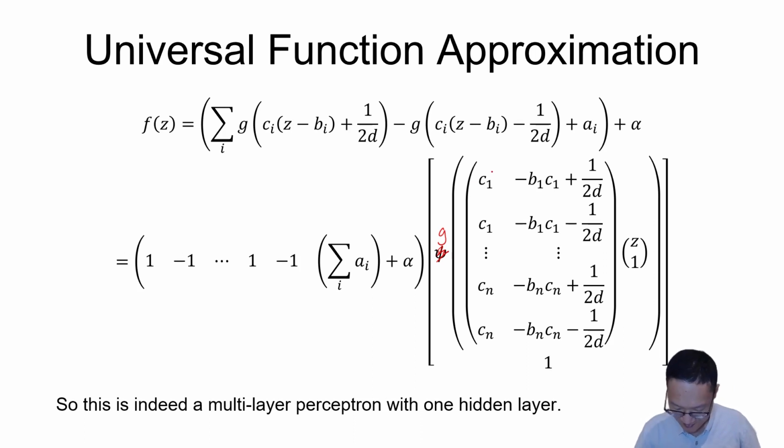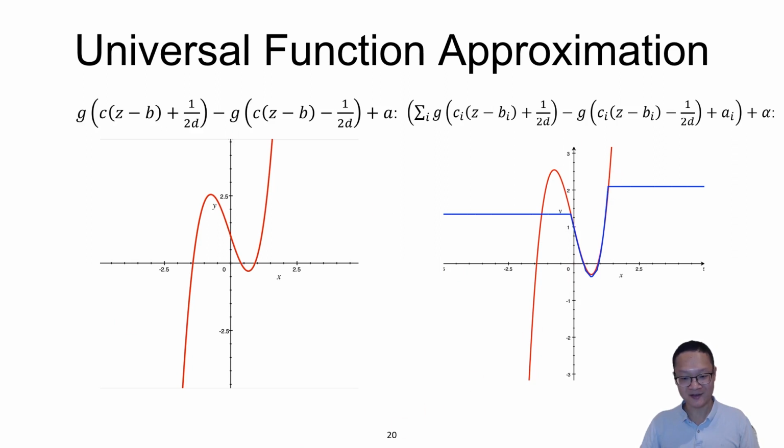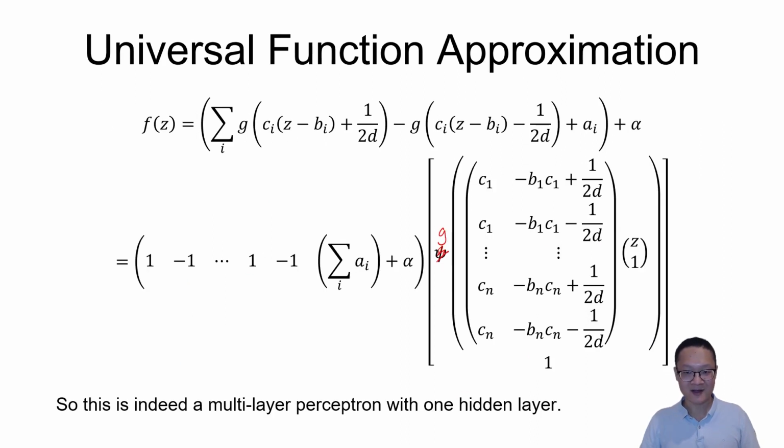So it's really going to be G applied component-wise to the result of this matrix multiplying this vector. So that means that this function, which is basically a bunch of these little segments added together, can approximate the red function arbitrarily well. This is really just a single hidden layer multi-layer perceptron.